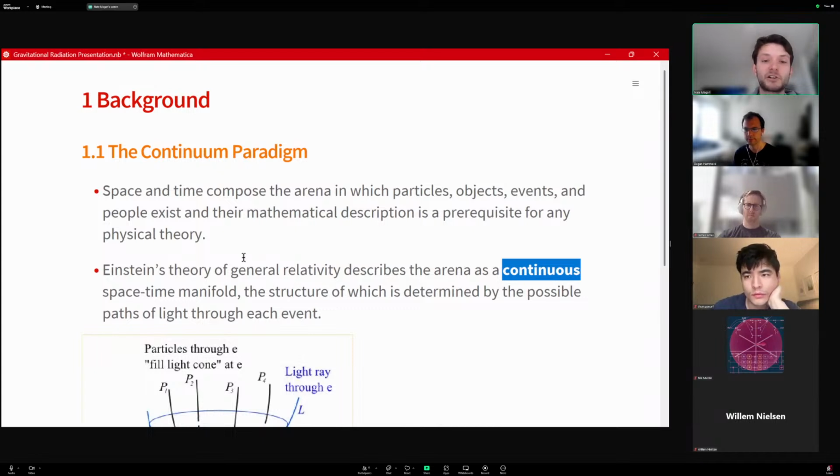And so the structure of this space-time continuum is determined because this constancy of the speed of light is taken as an axiom. The structure of the space is determined by the possible paths of light through each event. So it's really the paths of light that determine how this space is connected.